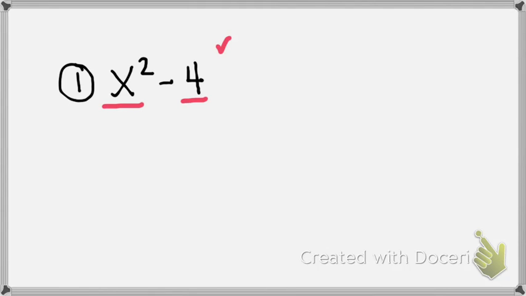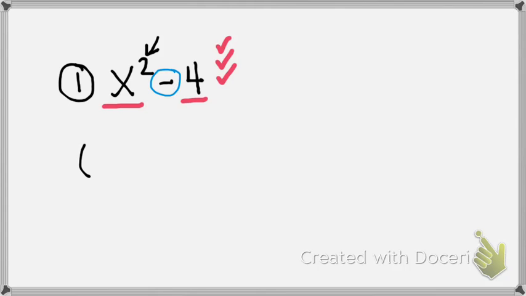X squared, well, hopefully the square right here indicates that it's a perfect square. So check. And the last thing we need to check on is whether or not we are subtracting those two terms. Check. If all those three things are in place, you can factor using the difference of squares formula.